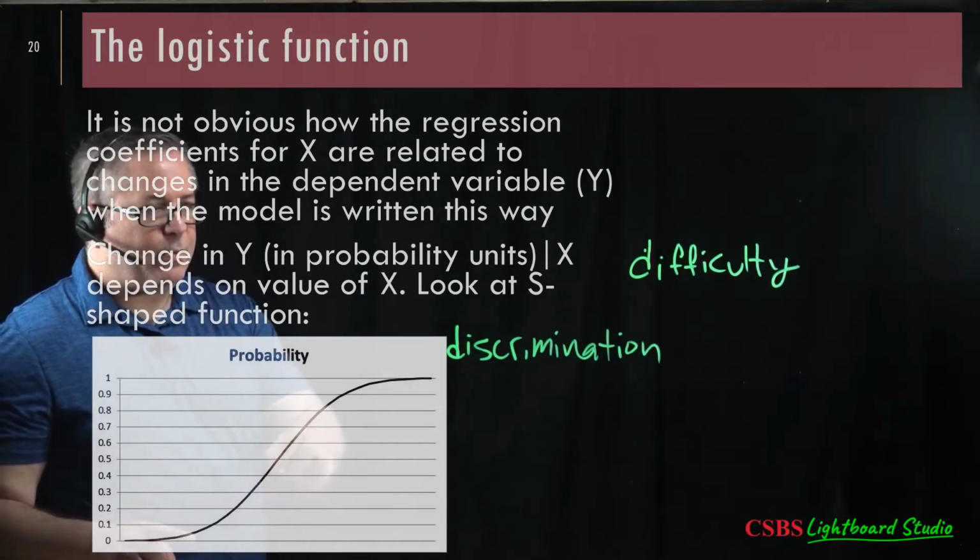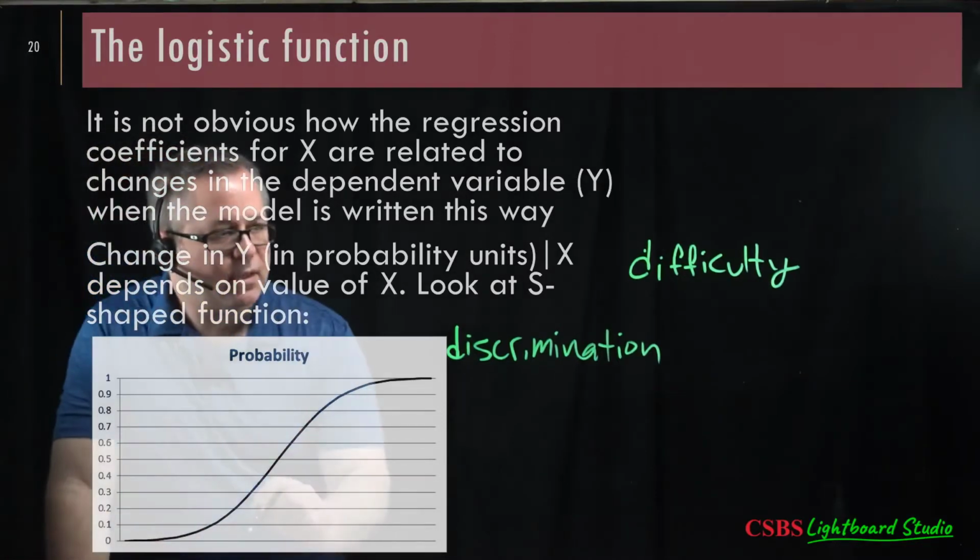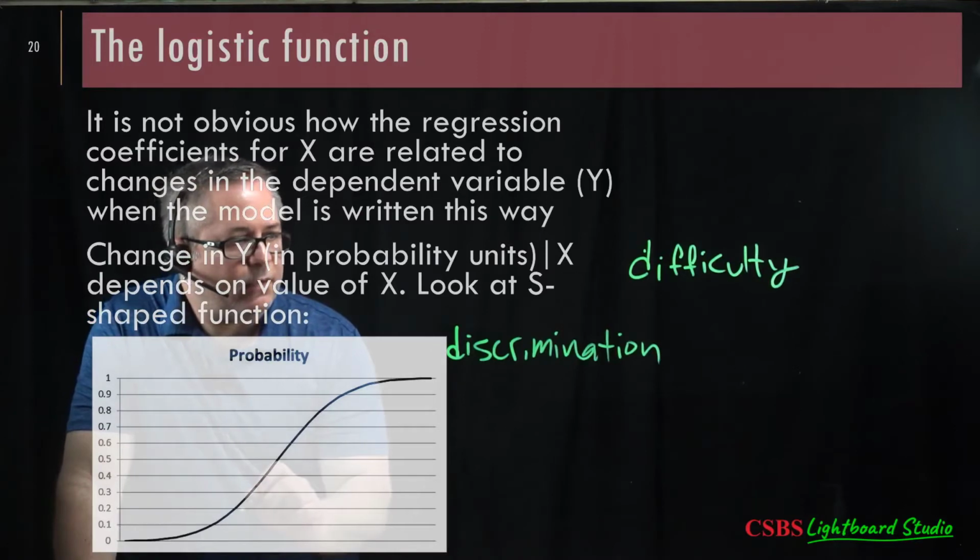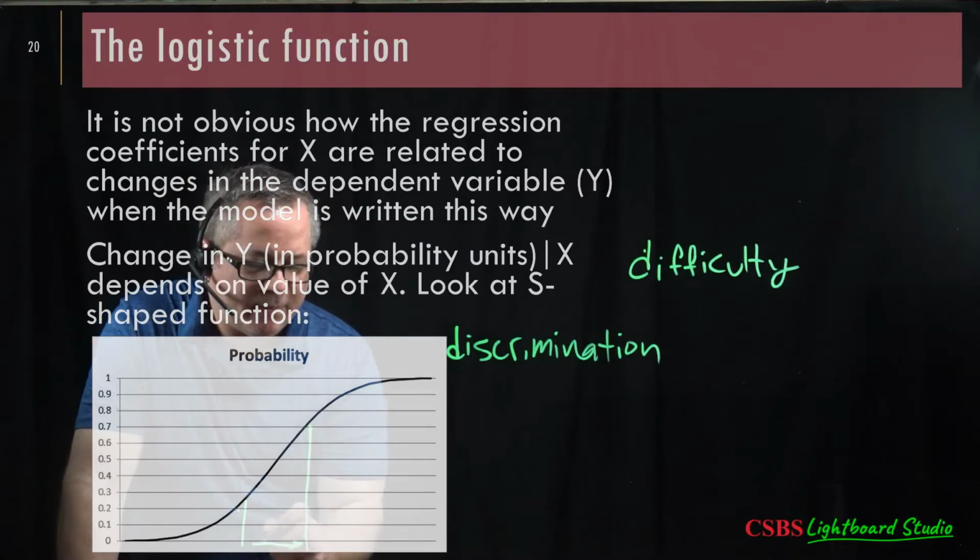a steeper slope means that in a small area I can tell the difference between people. I'm just making up some lines here. I can discriminate between people in this range, meaning that someone who is just a little bit higher here, I can tell has more knowledge or is more capable of answering this question correctly than someone who is lower than this, in this small area.